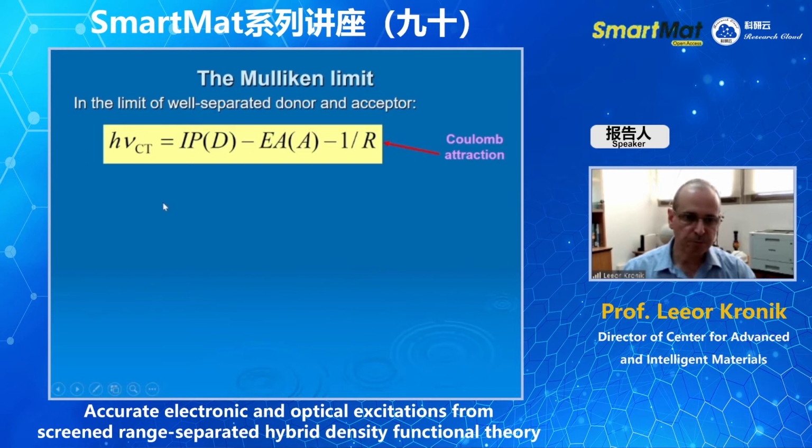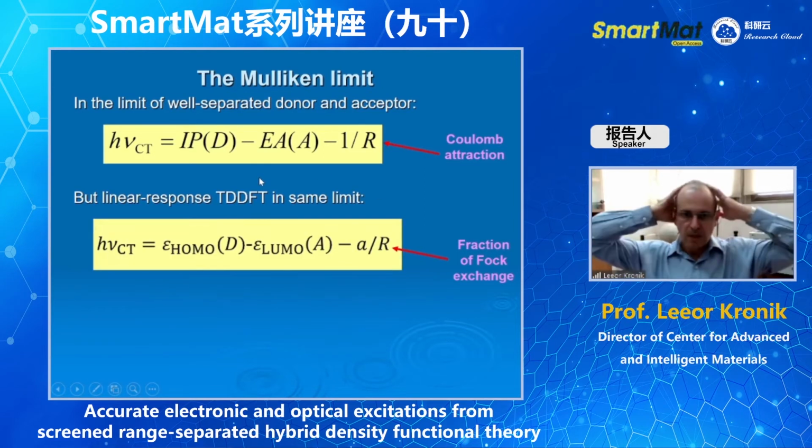Well, I'm going to have to pay the ionization potential of the donor to get the electron out of there. I'm going to gain some of that energy back in the form of the electron affinity of the acceptor, because the electron gains that energy going on the acceptor. And then there is also a stabilizing 1/r term, which is just the Coulomb attraction between the electron that is now in the acceptor and the hole that is left behind on the donor.